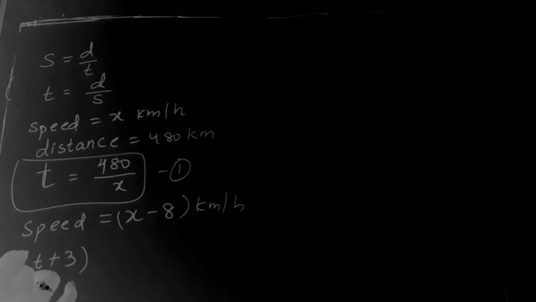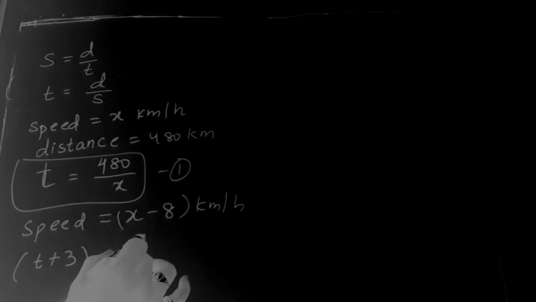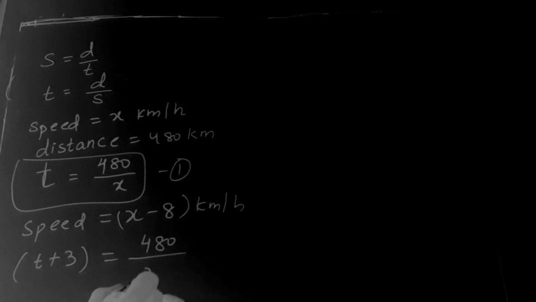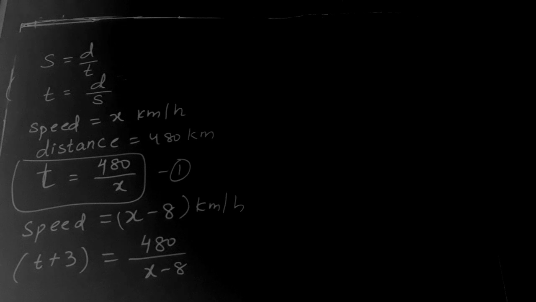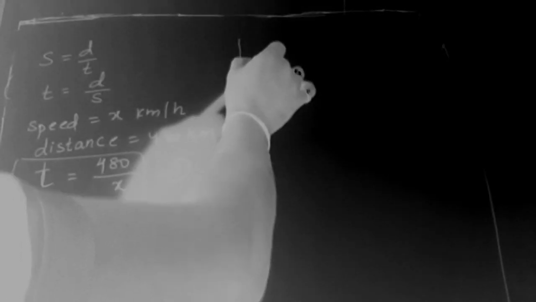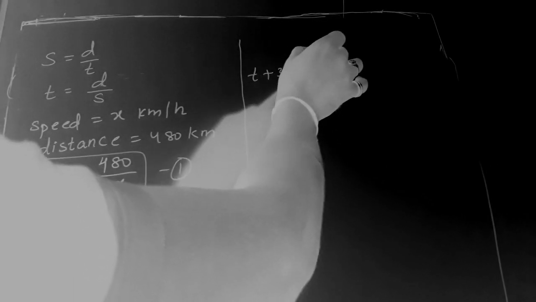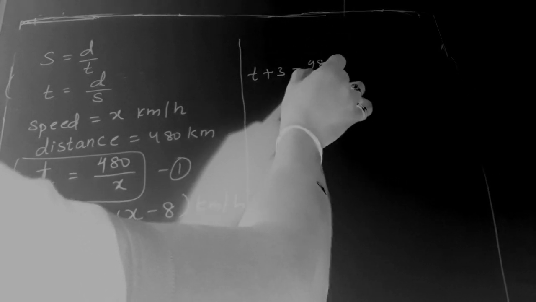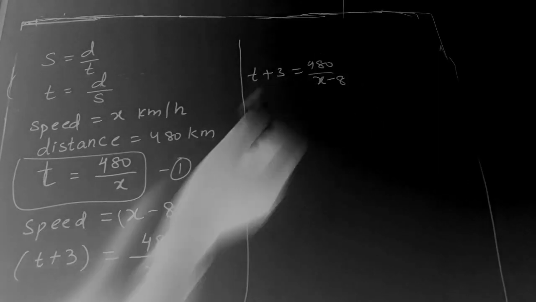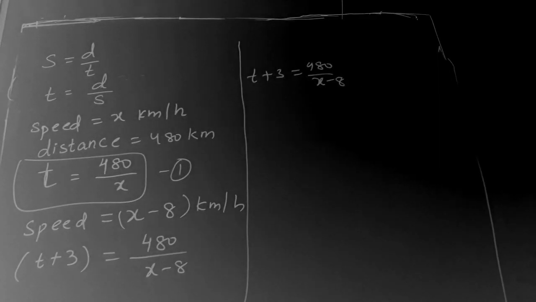New time is t plus 3, that is equal to distance is same, distance is 480, speed is nothing but x minus 8 kilometer. So now here what I am getting finally, t plus 3 is equal to 480 by x minus 8.